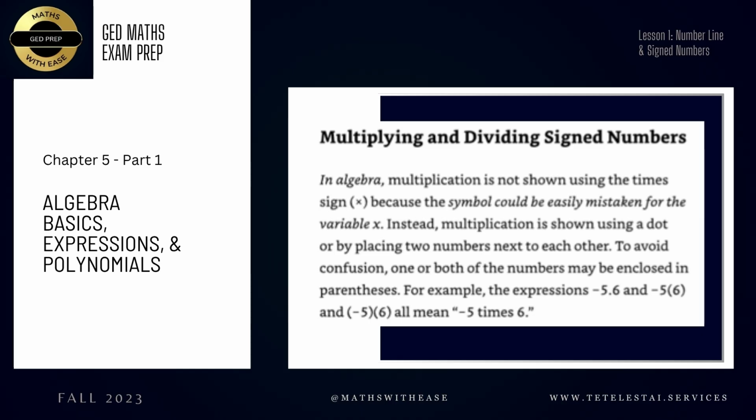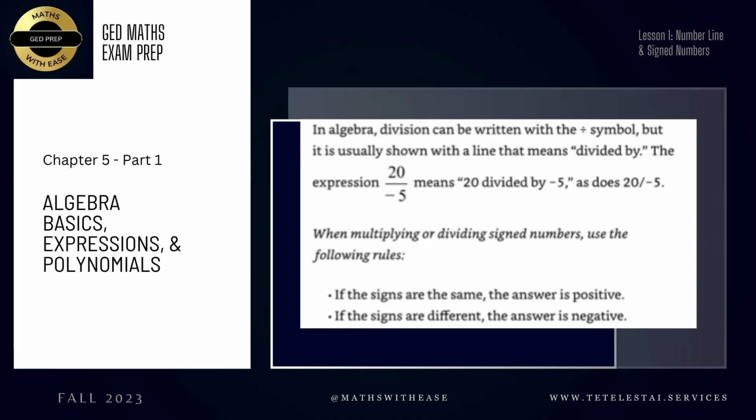Division can be written with the division symbol, but it's usually shown with the line that means divided by. And so for example, the expression 20 divided by -5, written as 20 with the division line, and then -5, means 20 divided by -5. So does 20 / -5.